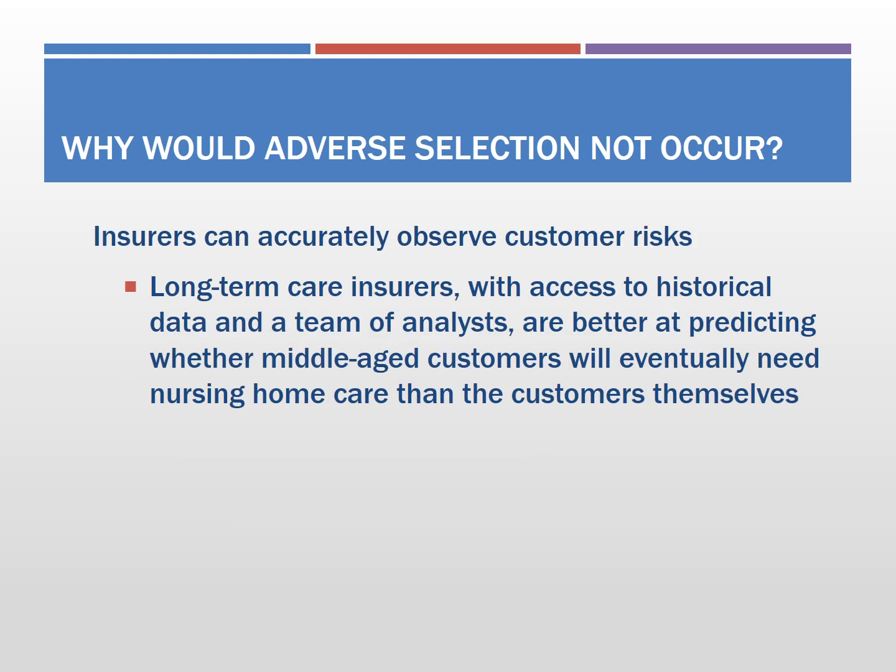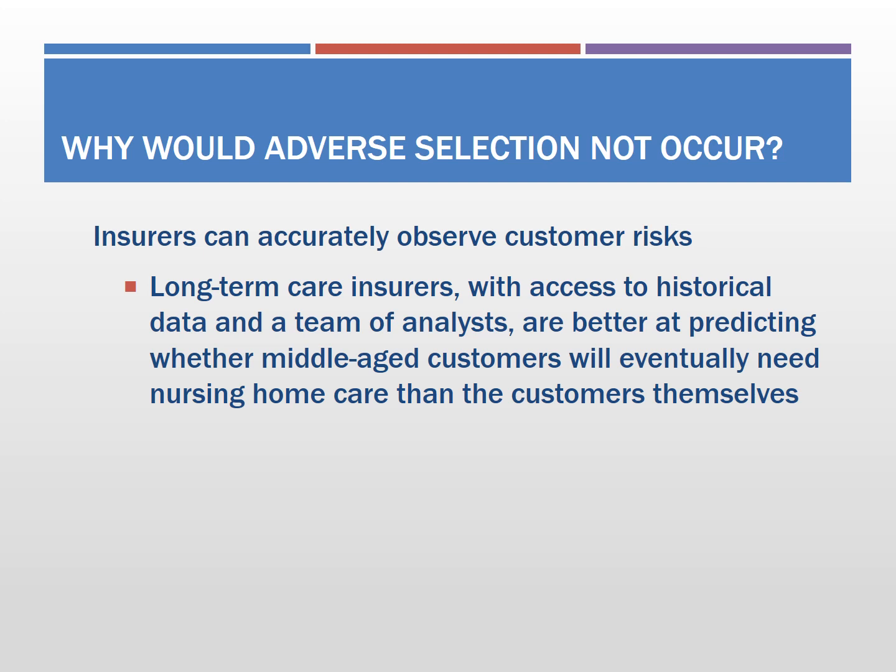Not only the customers fail to take advantage of adverse selection. Sometimes the insurer can eliminate it on their own. When the insurer can accurately observe the customer's risk, obviously they can charge the correct premiums to individuals.